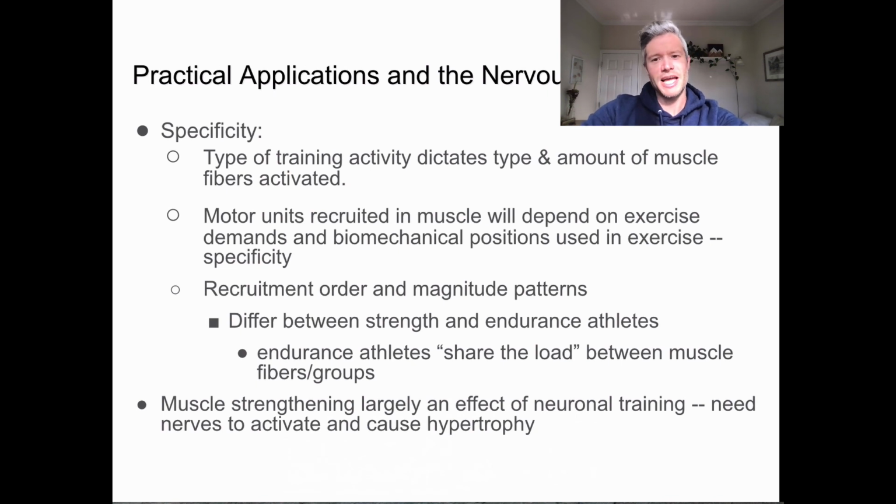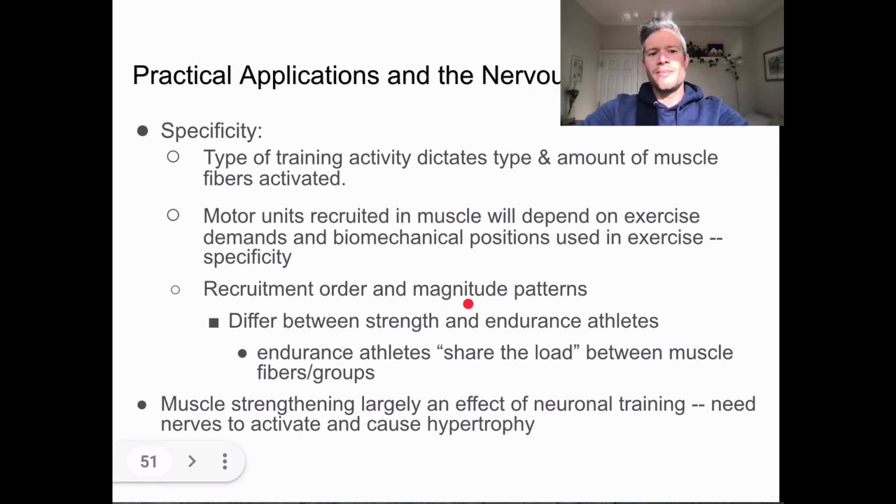Okay, so to sum it all up in hopefully a bit more of a practical sense than going through it piecemeal, at the end of the day, the idea of specificity is very key, especially within the nervous system. Again, the type of training you do dictates what sort of motor units are recruited, how much of them, as well as the recruitment pattern of those motor units when we're doing a specific skill, okay?